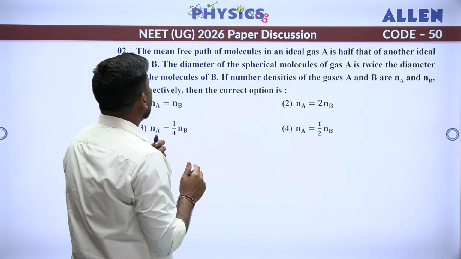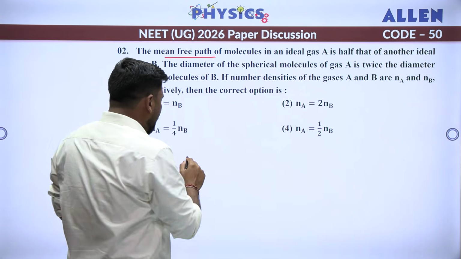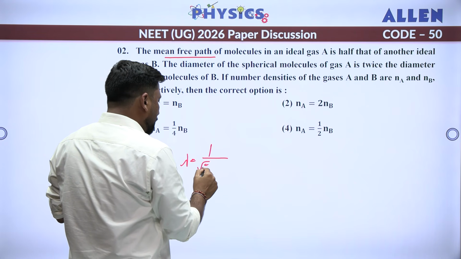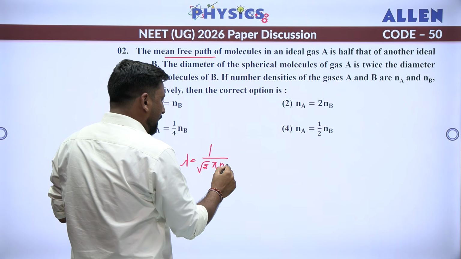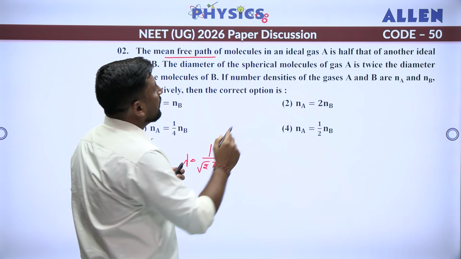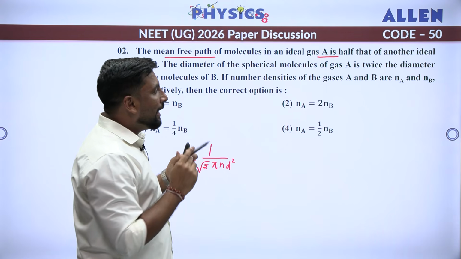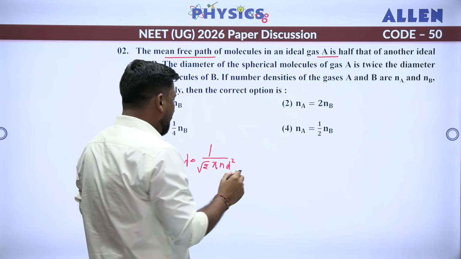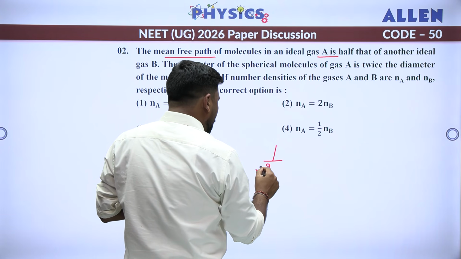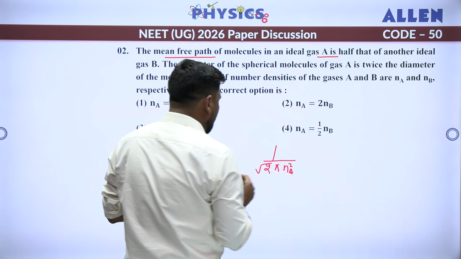Question number 2 is basically a question on mean free path. We know the formula of mean free path: lambda is equal to 1 by root 2 pi n d square. Now they are saying that the mean free path of A is half of that of B. So we can write 1 by root 2 pi n A, whole square, where n is the molecule density.